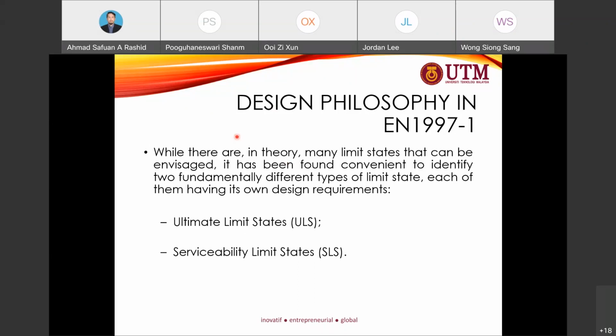The ultimate limit state is more on the safety issue, while the serviceability limit state is more on deformations and comfort. For example, if a building has many cracks, the people who stay inside will not be comfortable in that situation.